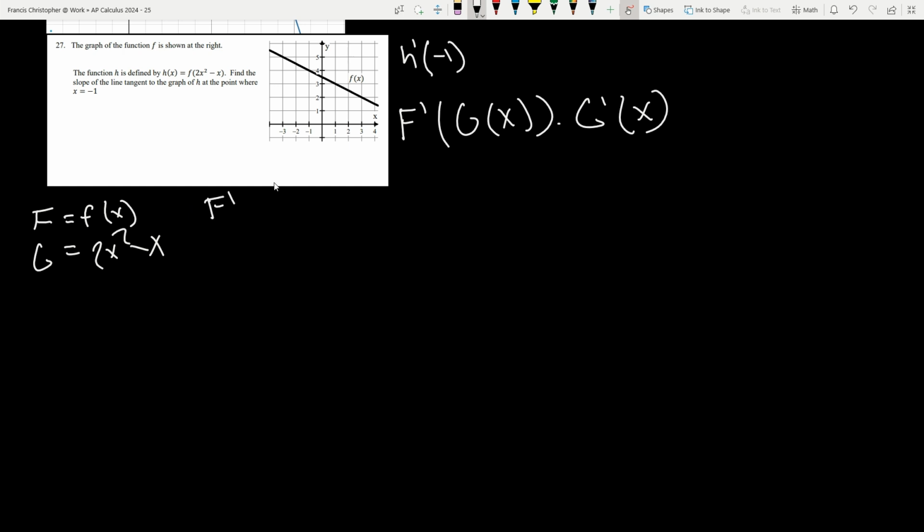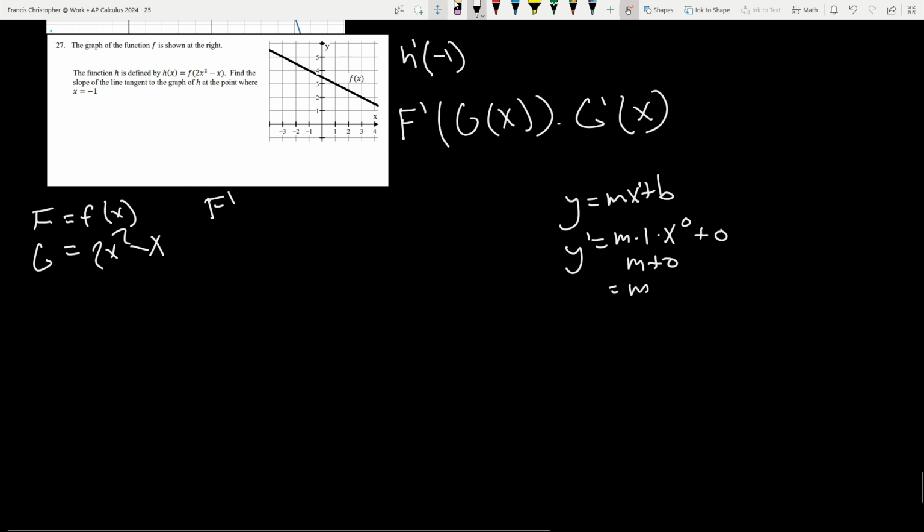F prime, this is a line, so the derivative of a line is always going to be constant, because if you think about it like y equals mx plus b, which is a general equation for all lines, if you take the derivative, the power of this is 1, so m times 1 times x to the 0 plus 0. This is also 1, so it's just m.